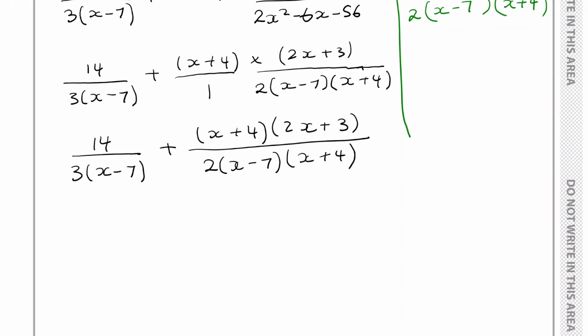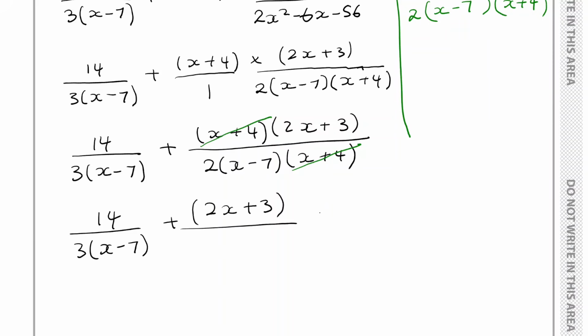With a fraction, if we divide top and bottom by the same thing, it stays equivalent. So divide top and bottom by x plus 4. And then we have 14 over 3 times (x minus 7) plus (2x plus 3) over 2 times (x minus 7).